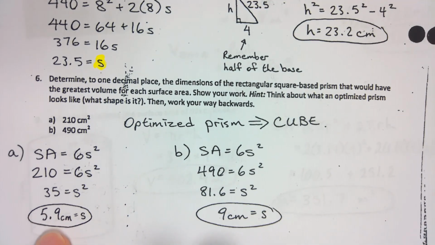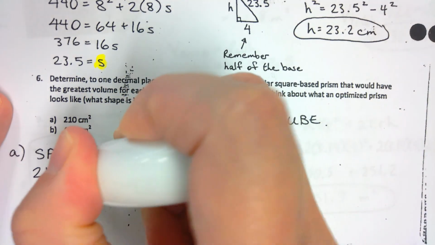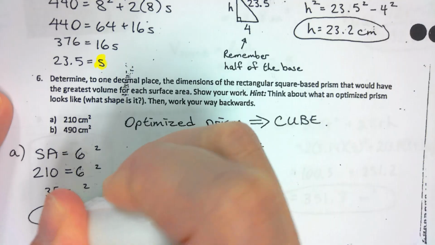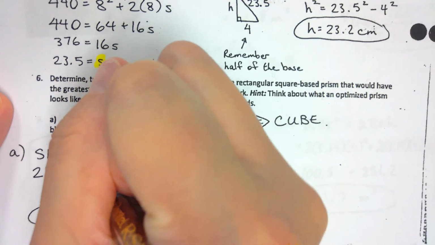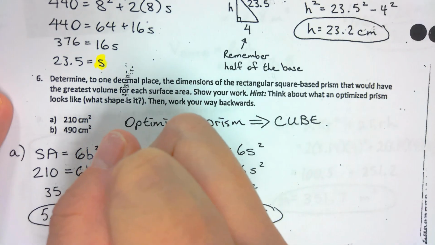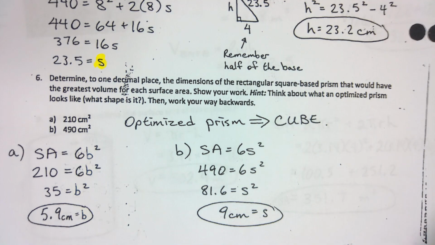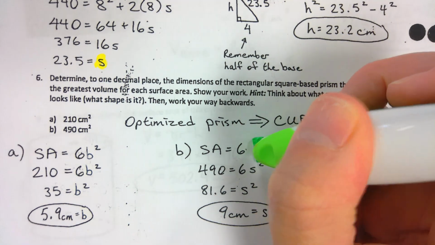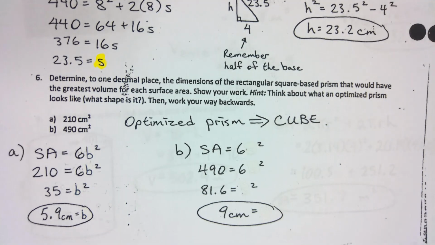Actually, sorry. Let me fix up this. I don't want to use s because we said we'll use s for slanted height. I think the formula used the b. So that means the base is 5.9. Okay, so we'll reserve that s for slanted height.